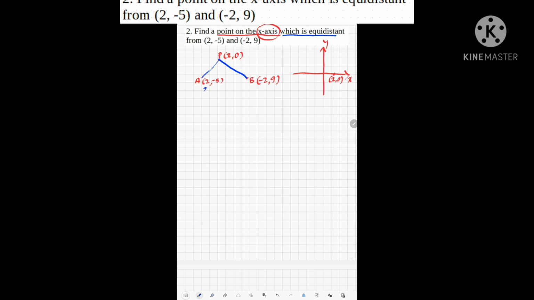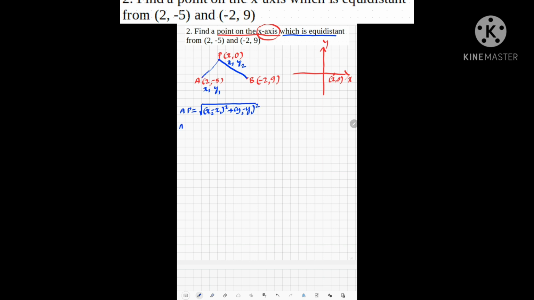This is x1, y1, x2, y2. We have the distance formula. AP is equal to the square root of (x2 minus x1) whole square plus (y2 minus y1) whole square.